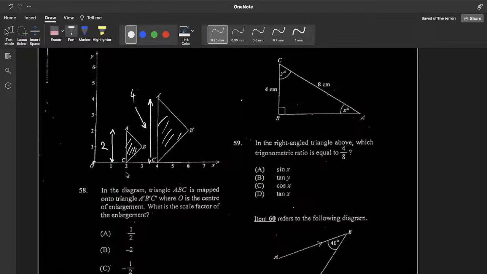If you don't agree with that one and you want to see this one here, if I go across, I'm just checking from this side here. That is 2 to 3 is 1. Now on this side here, 4 to 6 will give us 2. So as you can see again, it doubled. So the scale factor is 2.